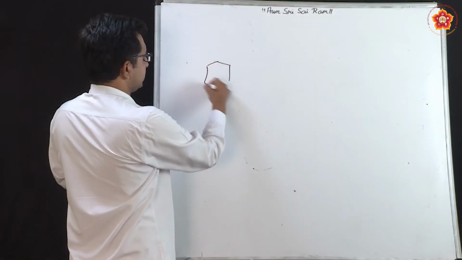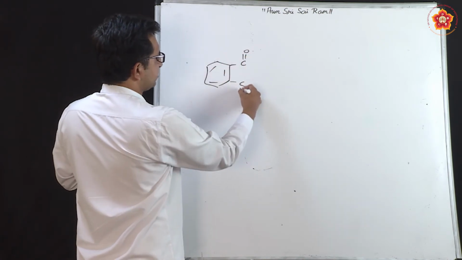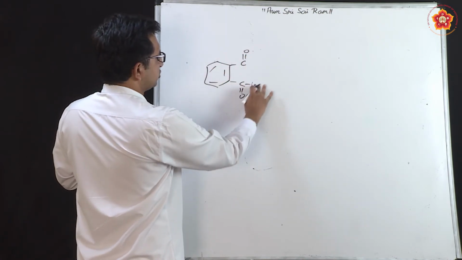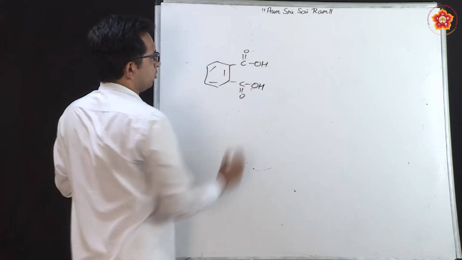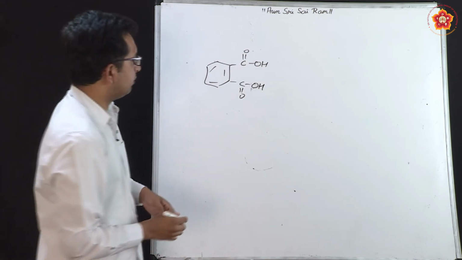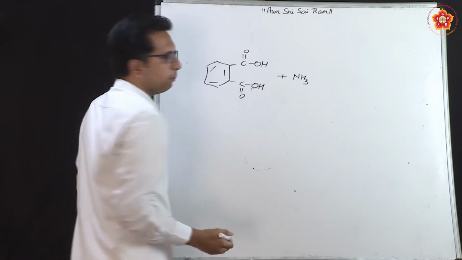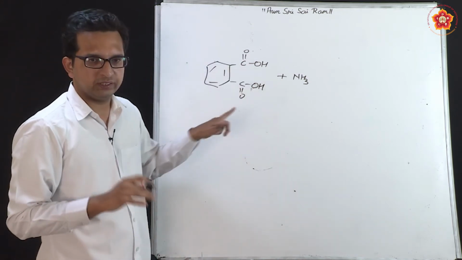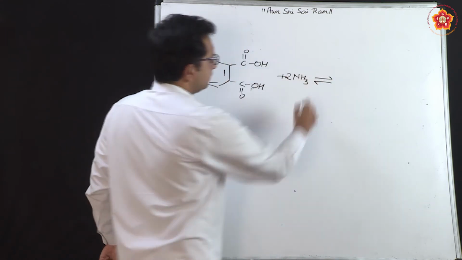I will present it here so that you can follow each step of the reaction. I am first writing the phthalic acid structure, which is nothing but benzene 1,2 dicarboxylic acid, its IUPAC name. If I treat this with ammonia, because there are two COOH groups present here, it will react with two molecules of ammonia.